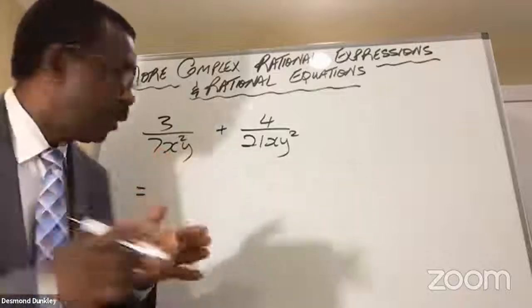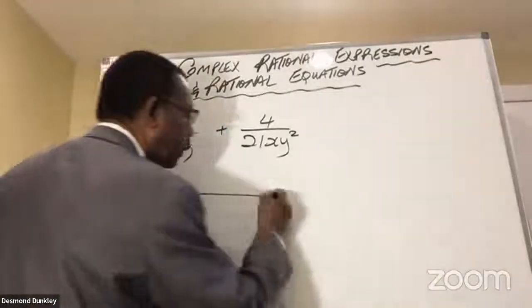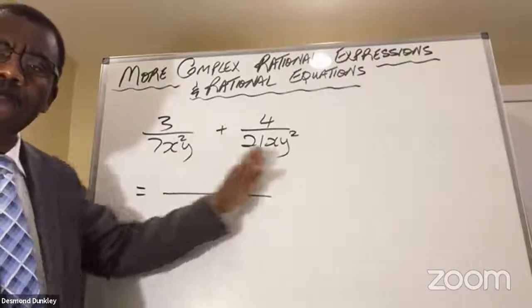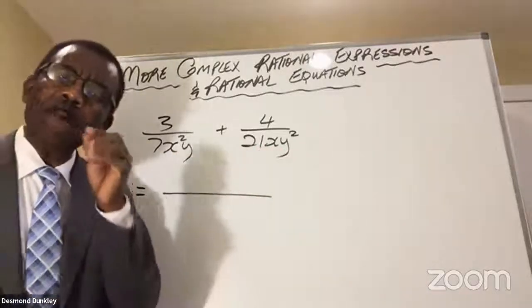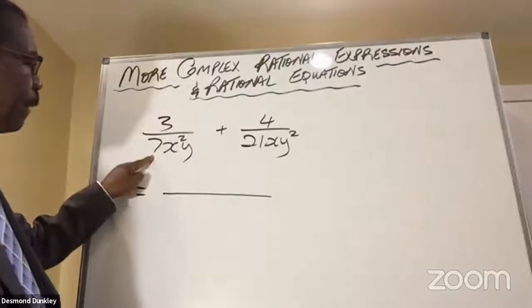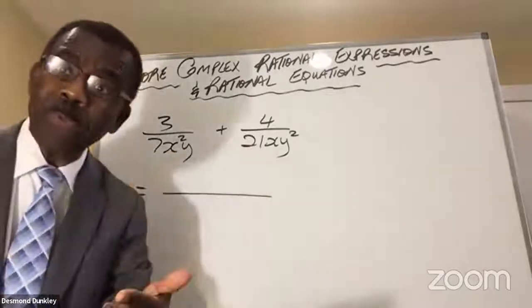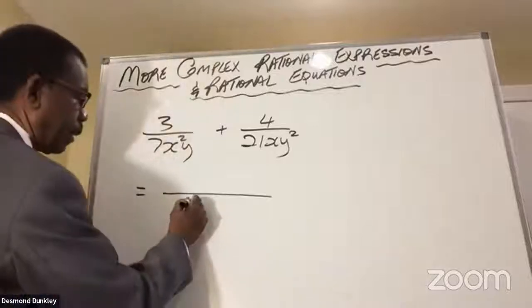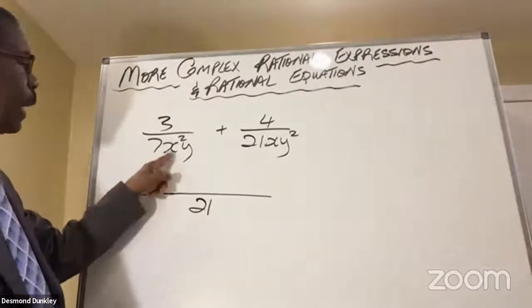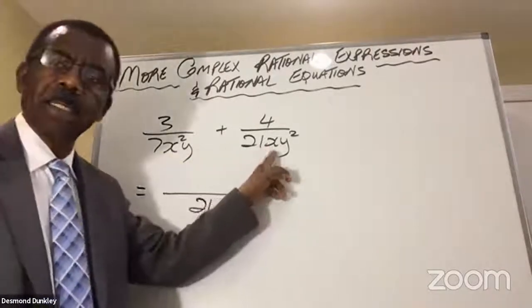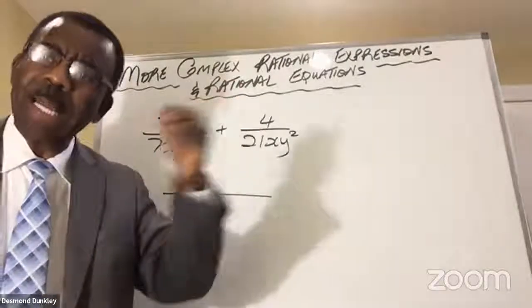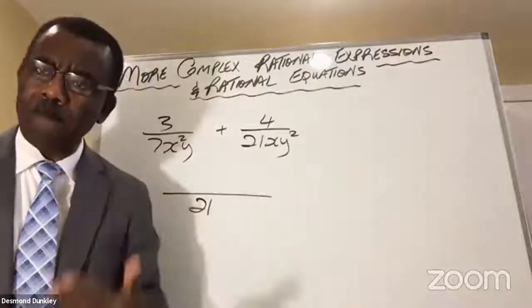We approach it the same way. We look at the two denominators, and the common denominator must be something that 7 and 21 can go into without a remainder, and that is 21. We look at x squared and x. What is the expression that both x squared and x can go into without a remainder?